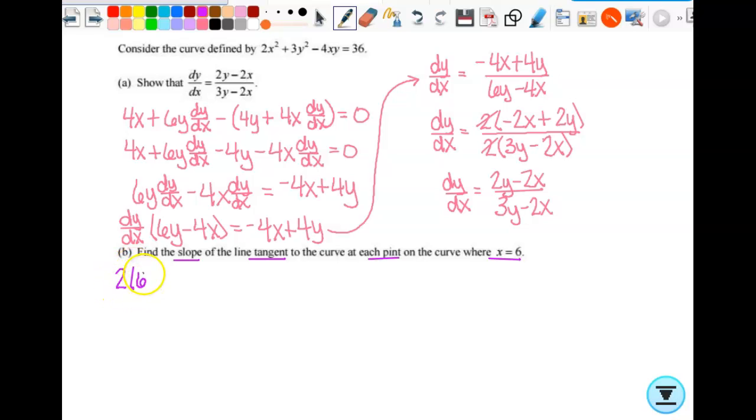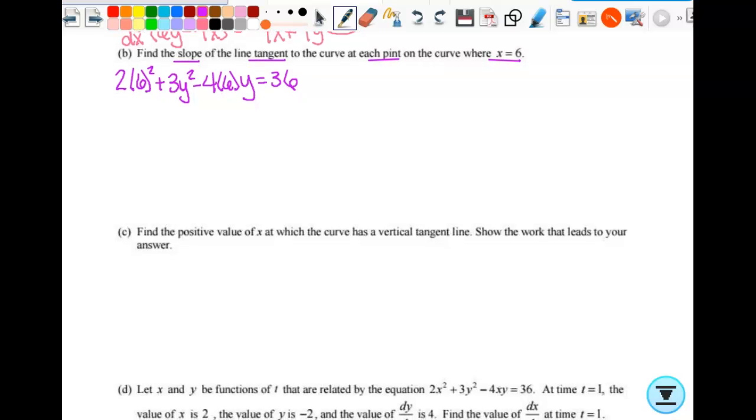So I'm going to do 2 times 6 squared plus 3y squared minus 4 times 6 times y equals 36. Okay, so then 6 squared is 36 times 2 is 72 plus 3y squared minus 24y equals 36.